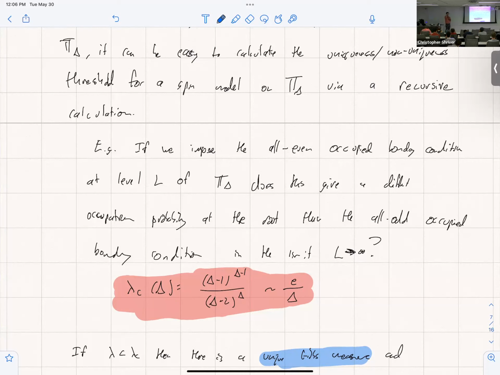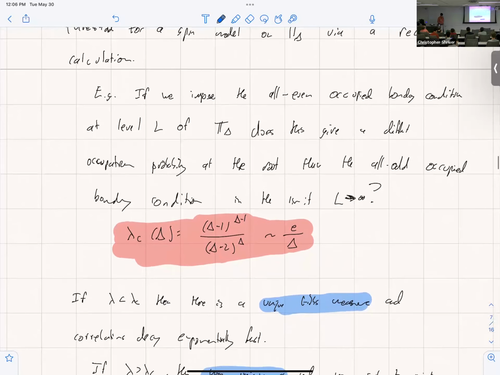Because obviously if your neighbors are occupied, you can't be. So how do you make your neighbors not be occupied? Well, you put your neighbors' neighbors occupied as much as you can, and you keep going, switching back and forth. And so you can ask, do you get a different answer in the limit as the depth of this tree where you're setting the boundary conditions goes to infinity? And you can calculate exactly where this occurs.